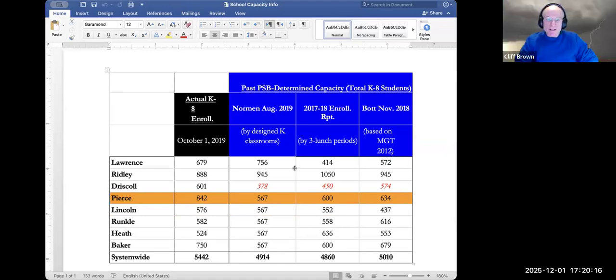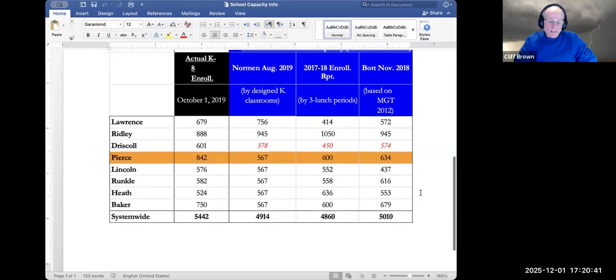So, the bottom line is that there's a current and expected classroom capacity of a little over 5,500 students once Pierce is completed. Now, the reason I said that I want to talk a little bit about Driscoll is because of.